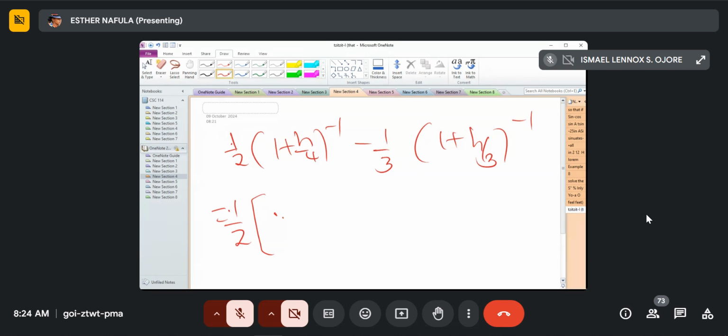In sigma notation or the infinite series, yes. So you have 1 minus h over 4 plus h over 4 all in brackets squared, minus h over 4 cubed.